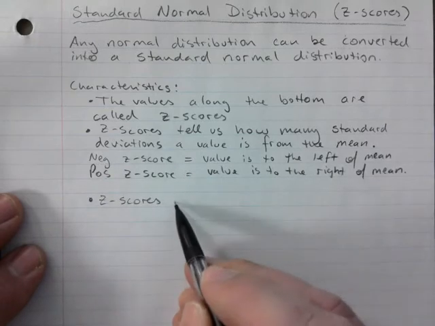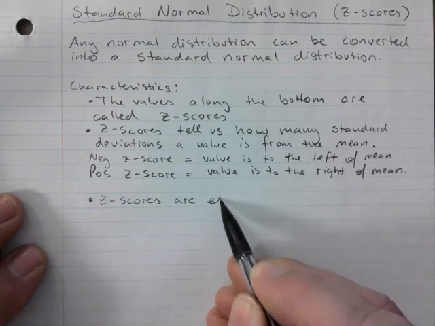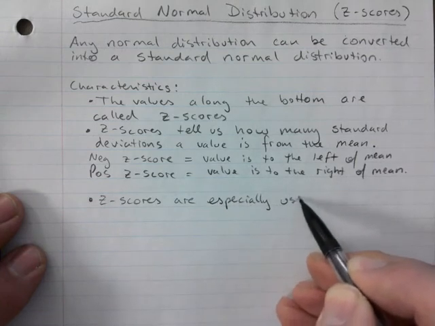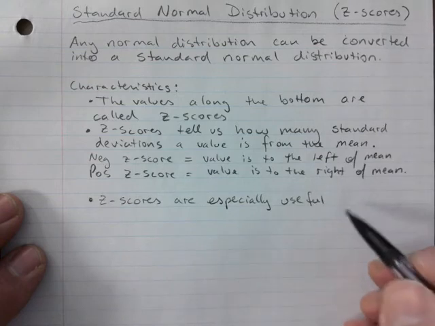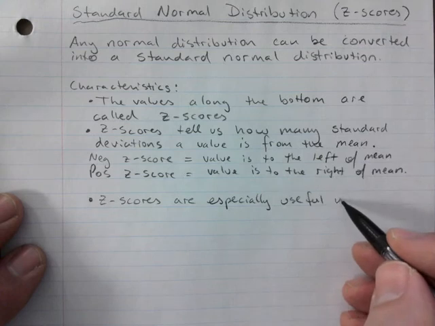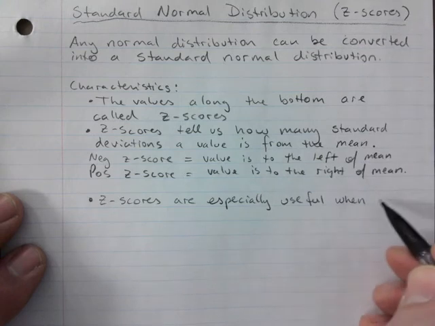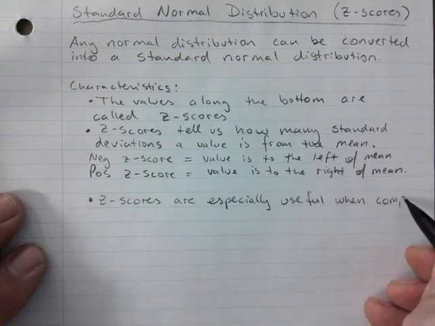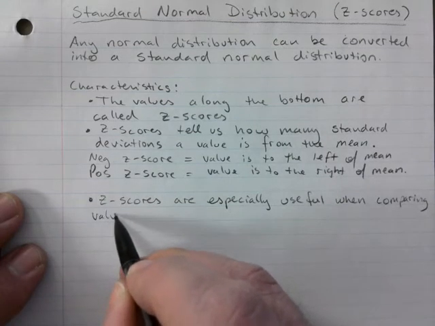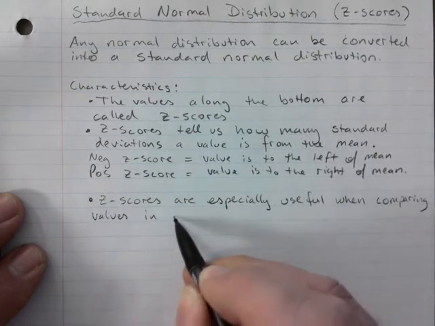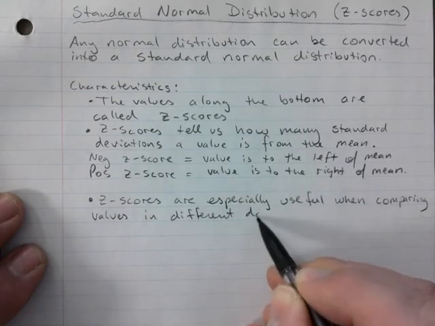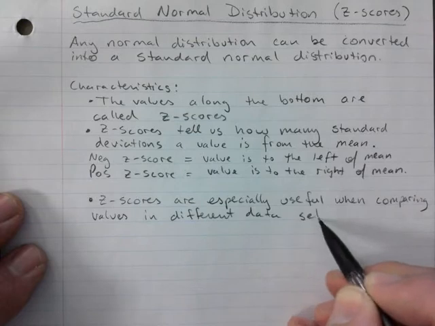Z-scores are especially useful when comparing values in different data sets.